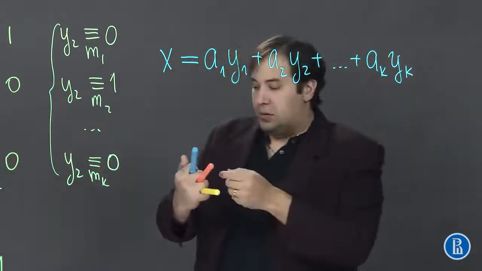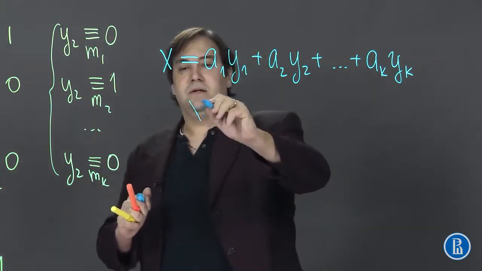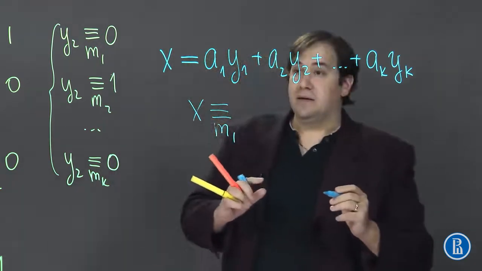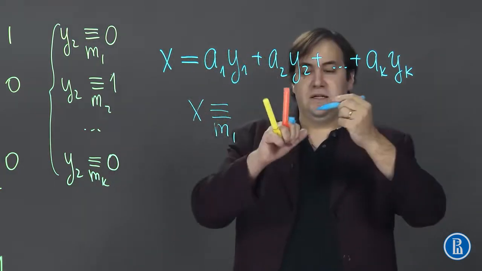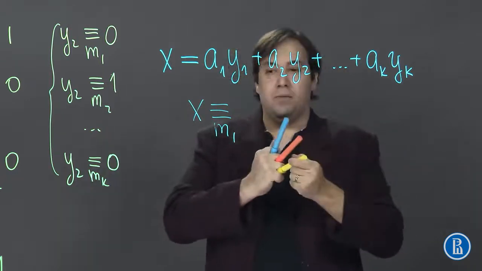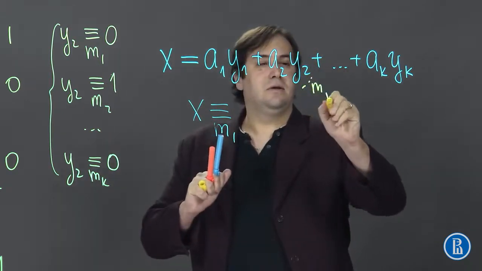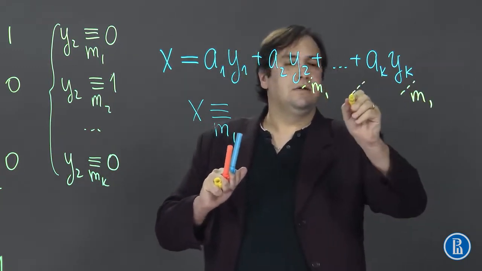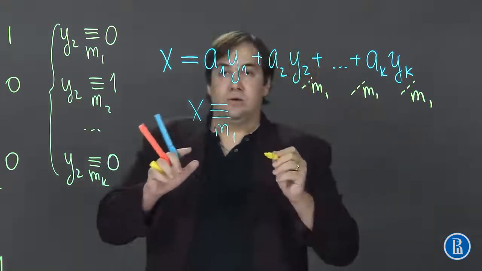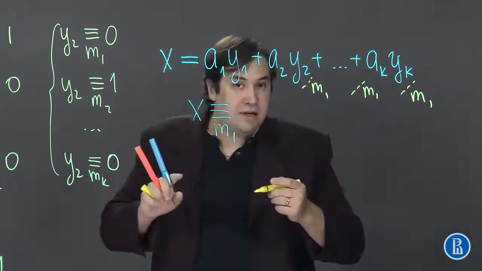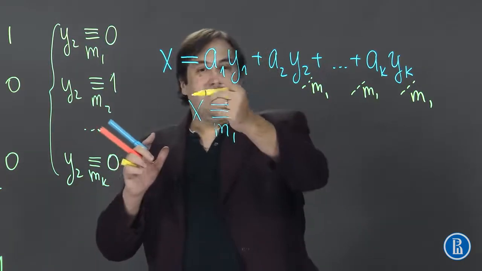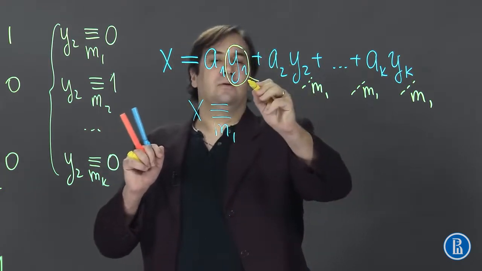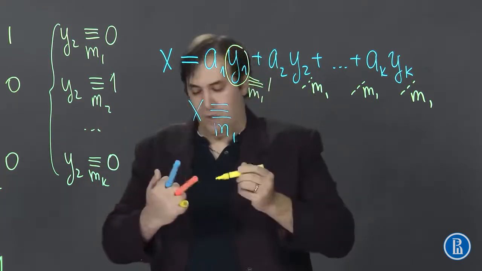Why is this so? Well, obviously, if we consider modulo m1, then all these y's except y1 are divisible by m1. So all that is left is the first summand, and in the first summand we have a1 and y1, which is congruent to 1 modulo m1.